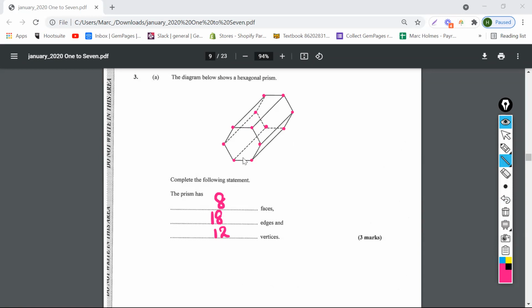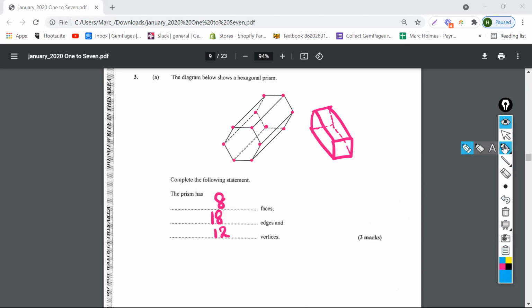Yeah. Wait, so to differentiate the edges... Let me draw a cuboid as an example. So the vertices here, guys, would be here.